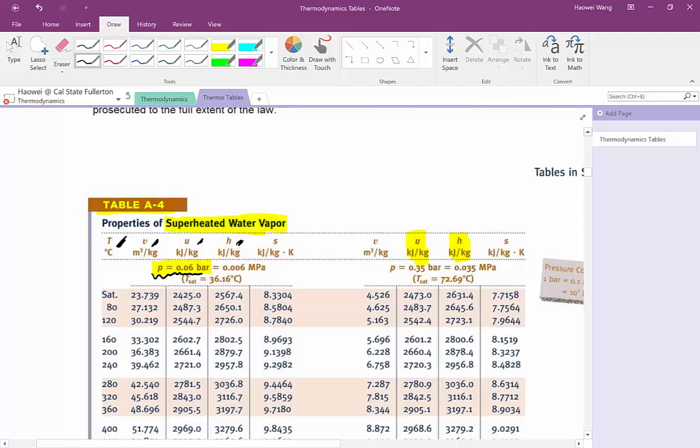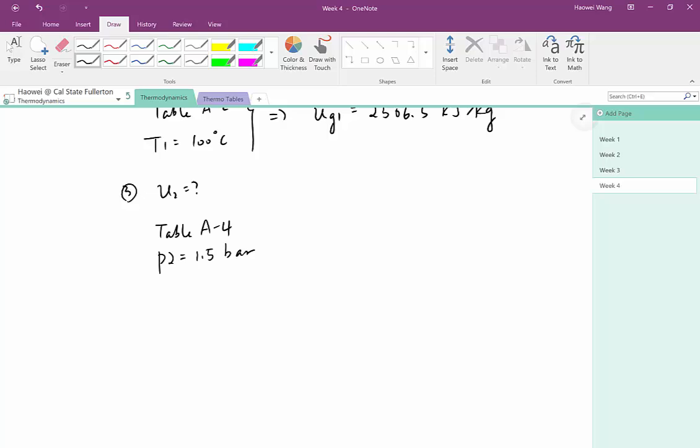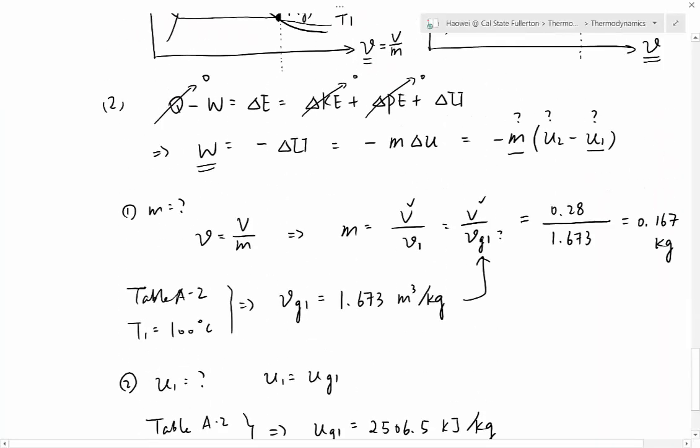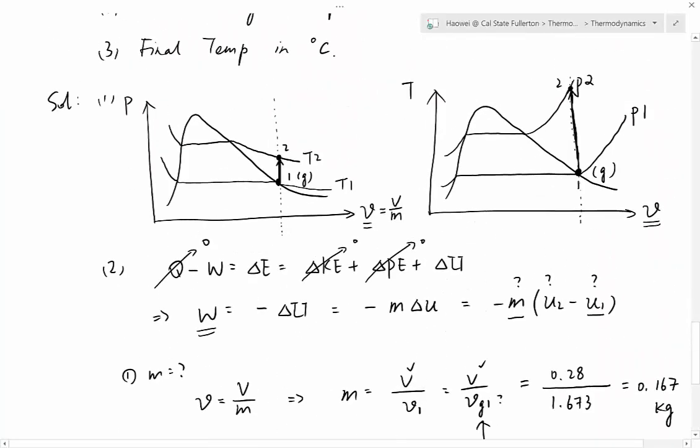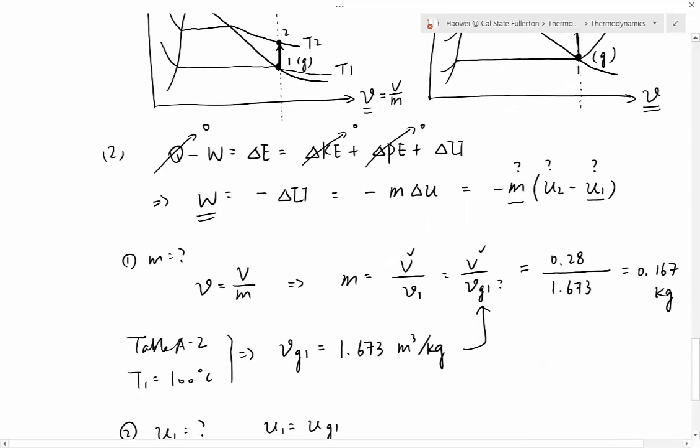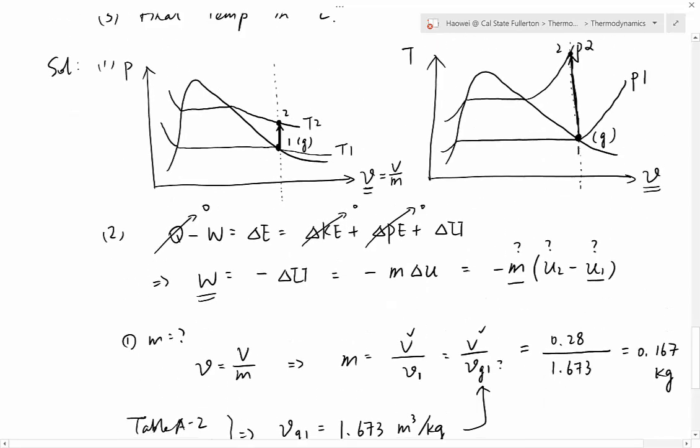So can we find T2, or nu2, or u2, or h2? Which one do we actually know? If you go back to the diagram, you will realize that each line on those two diagrams is a vertical line, meaning they have the same x coordinate, which is nu.